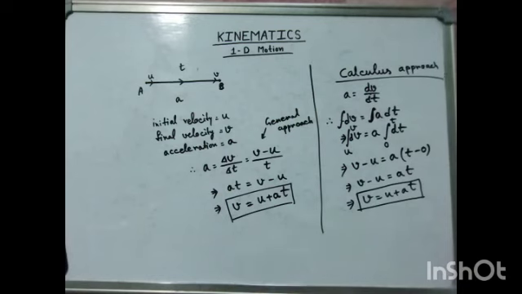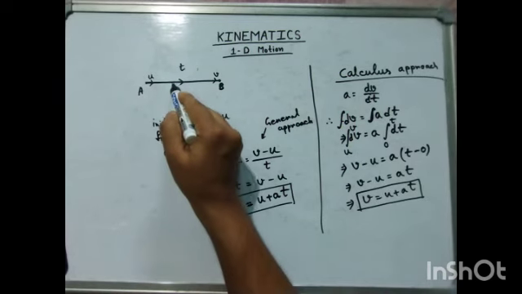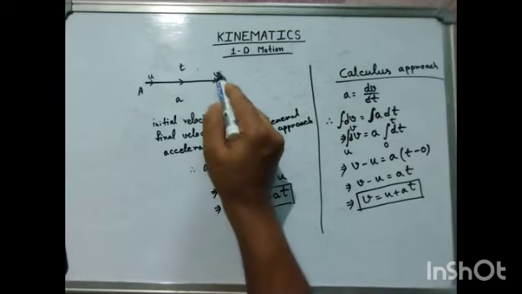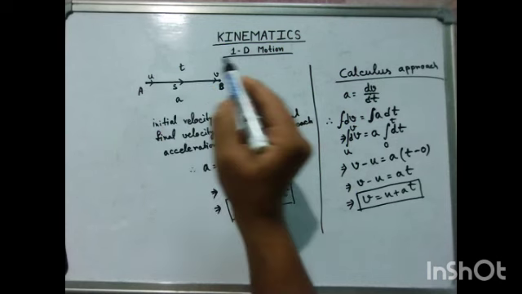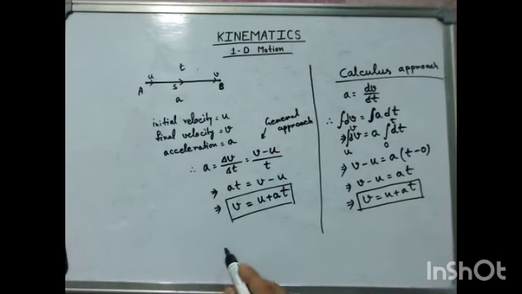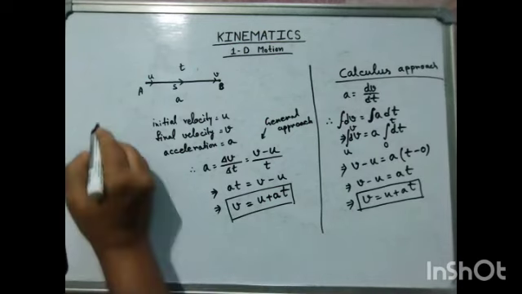Okay. Now we want to find how much distance we covered. Suppose from A to B the distance is S. So in 1D now we will find what is S. First start with the general approach.